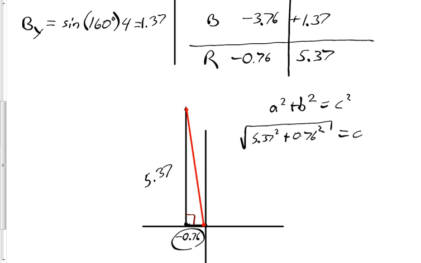And that's going to give us a value of 5.423 and some odd numbers, but I'm not too worried about significant figures. That's something we can talk about another time. So let's just kind of end it there. 5.42 is plenty good enough. That is the magnitude of my resultant, but not the direction.